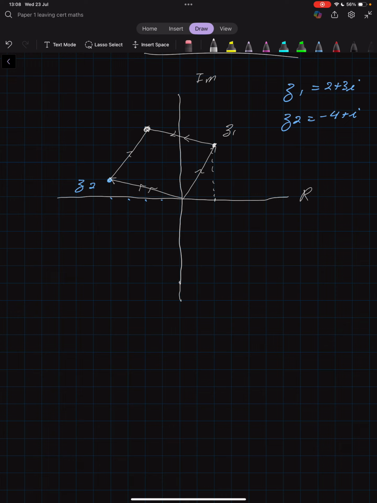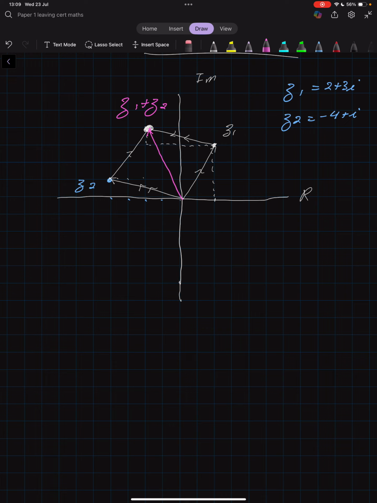So this line goes to the left by 4 and up 1. This line goes to the right by 2 and up 3. So that's how I get this up here, and this one is Z1 plus Z2. So that's it.